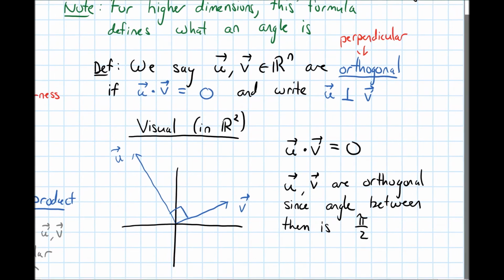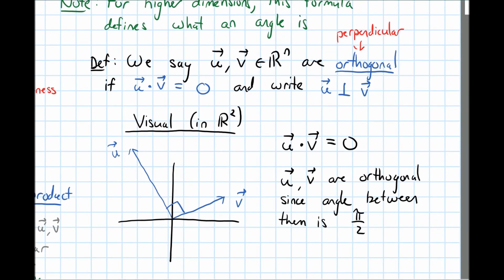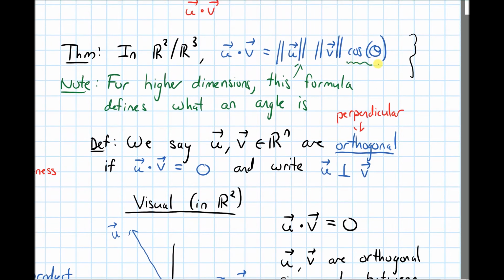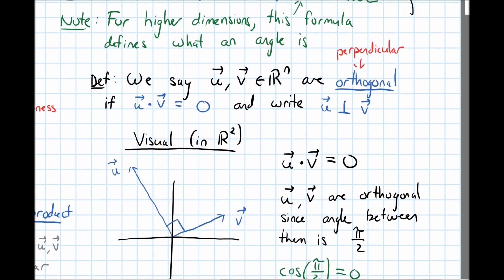So what's the cosine of pi over 2? Well, cosine of pi over 2, cosine of 90 degrees, that is 0. So because the cosine of pi over 2 is 0, this cosine term becomes 0, and that means that the dot product of u and v is going to be equal to 0. So that's why when we have vectors that are perpendicular to each other, their dot product should be 0.